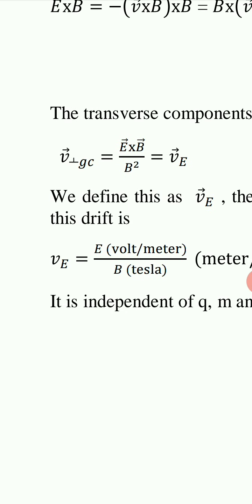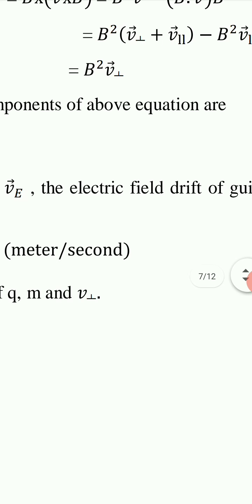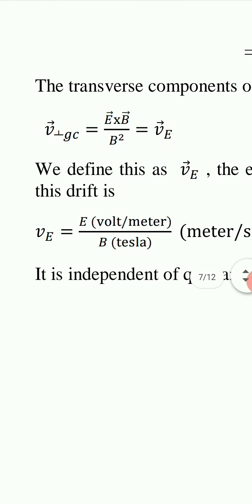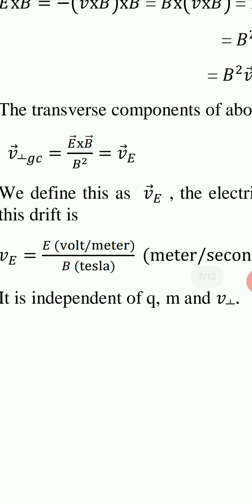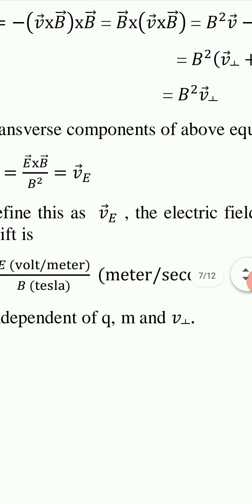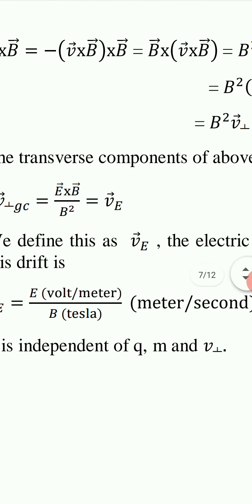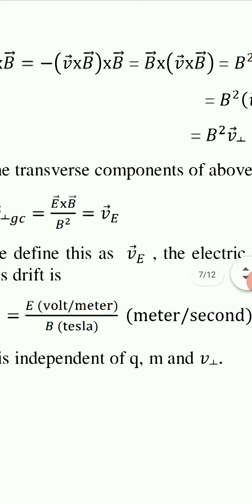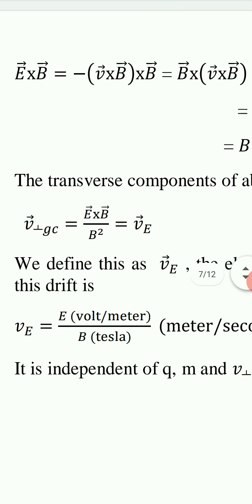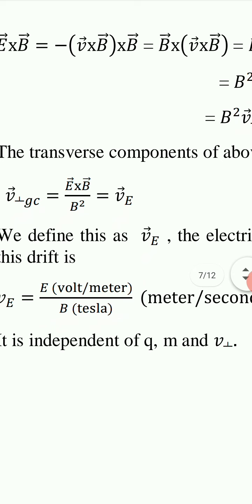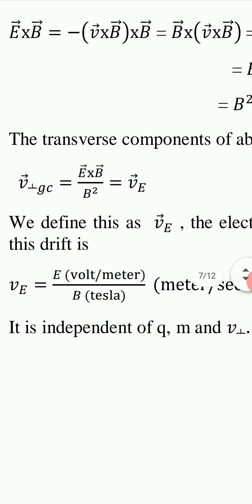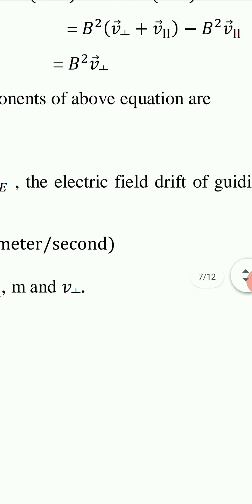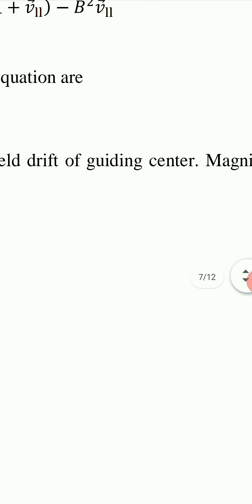The transverse components of the above equation are VGC vector equal to E cross B upon B square. V perpendicular from this equation comes equal to E cross B upon B square, and it is VE vector. We define this as VE vector, the electric field drift of guiding center.